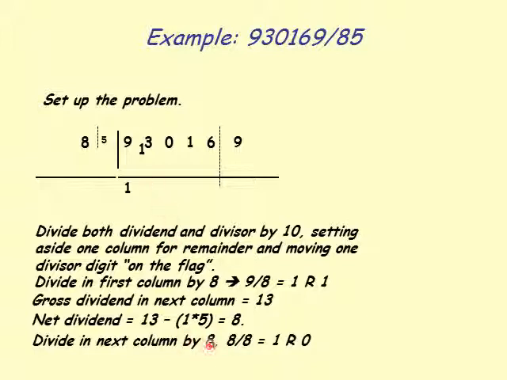So we got 8 in the next column, and 8 divided by 8 is 1, remainder 0. So 13 minus 5 is 8, and 8 divided by 8 is 1, remainder 0.